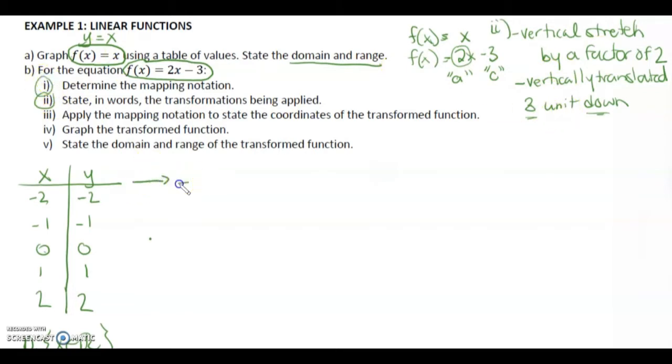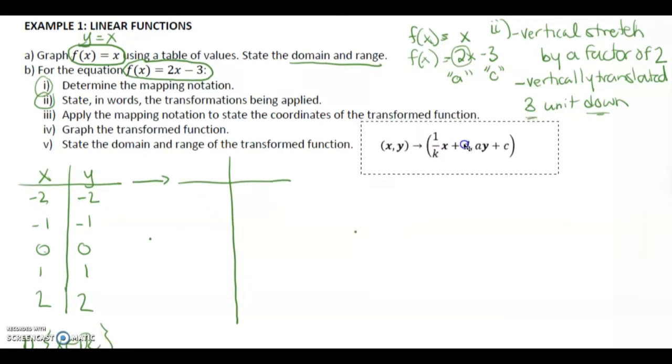And I like to put this straight into this grid, for the x value, and put that right here as a reference. So for the x value, we have to think, do we have a k value? No. So we're going to write x. Now, do we have a d value?